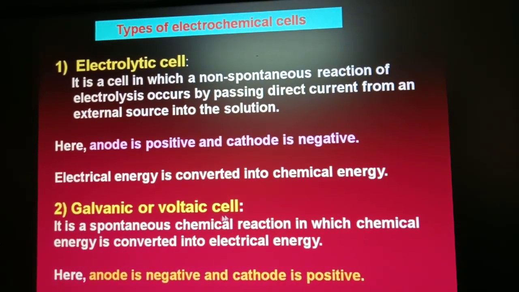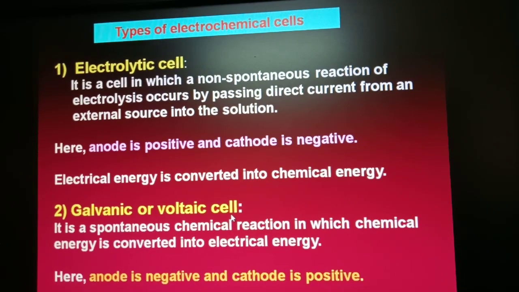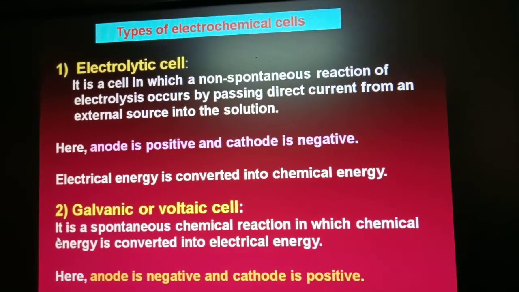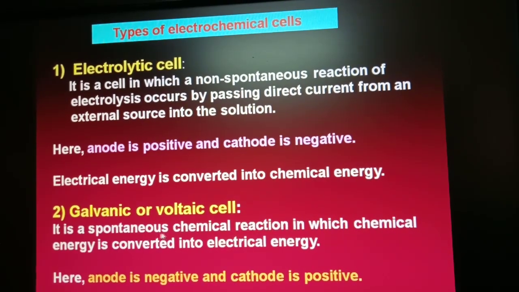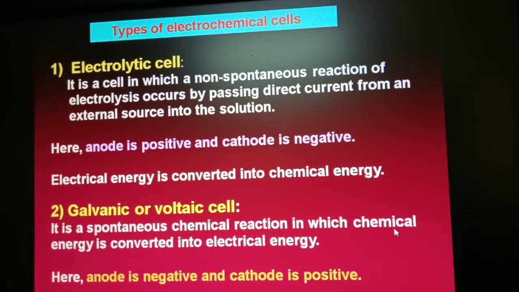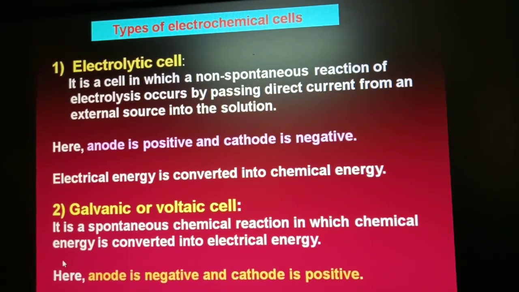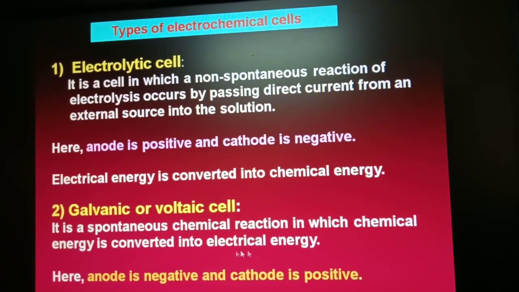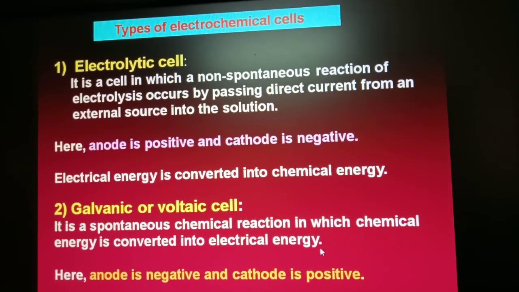Next is the galvanic or voltaic cell. This type of cell has a spontaneous chemical reaction in which chemical energy is converted into electrical energy.